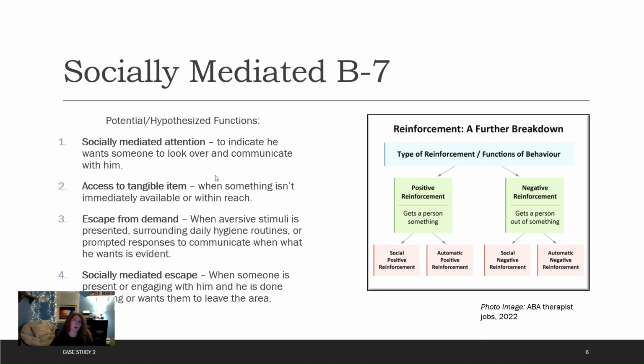Access to a tangible item: if he wants something, even when he already has our attention, he will end up engaging in yelling. This is, however, socially mediated positive reinforcement because we're giving him what he wants after he yells. So although it's access to tangible, it is still social attention in some way.